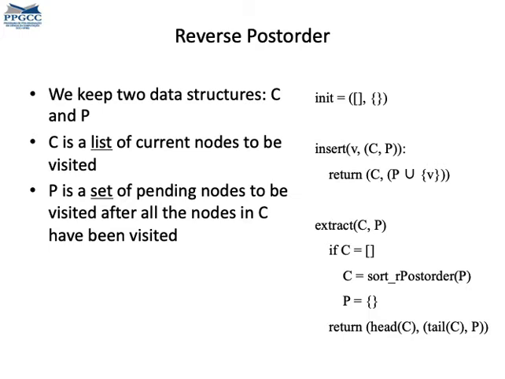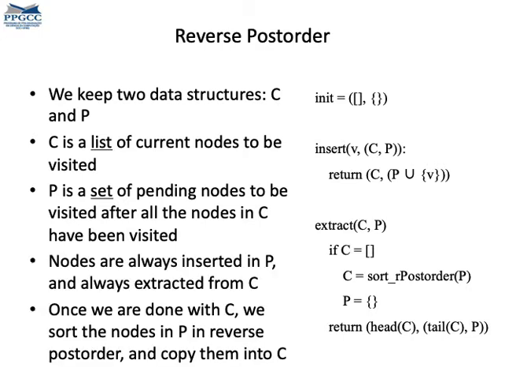Now, we represent the worklist as the combination of two data structures, C and P. C is a list of nodes to be visited. P is a set of nodes that were removed from the worklist, but that need to be revisited due to something changing in the state of variables created by the constraint system.